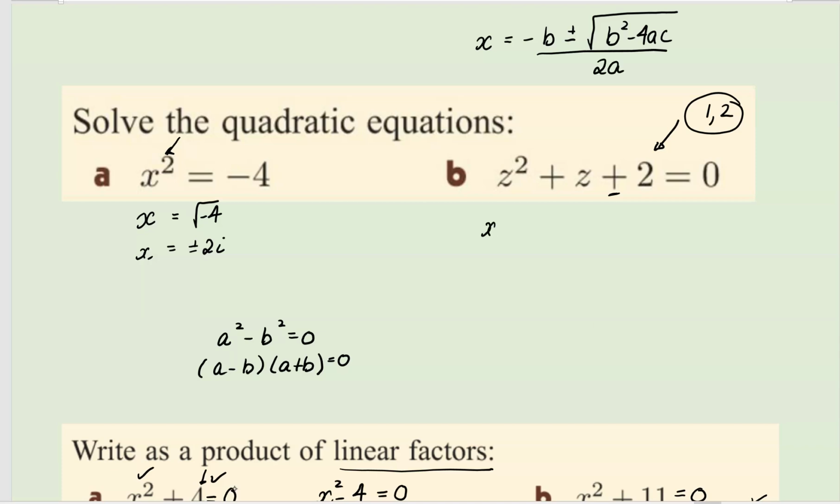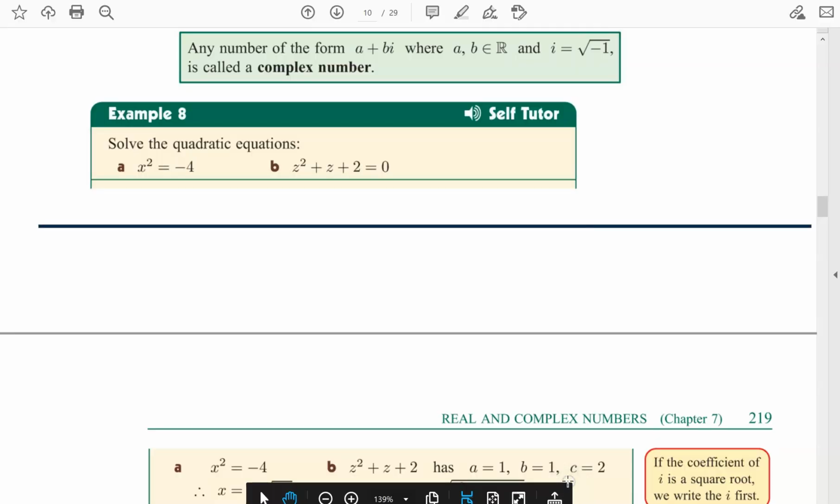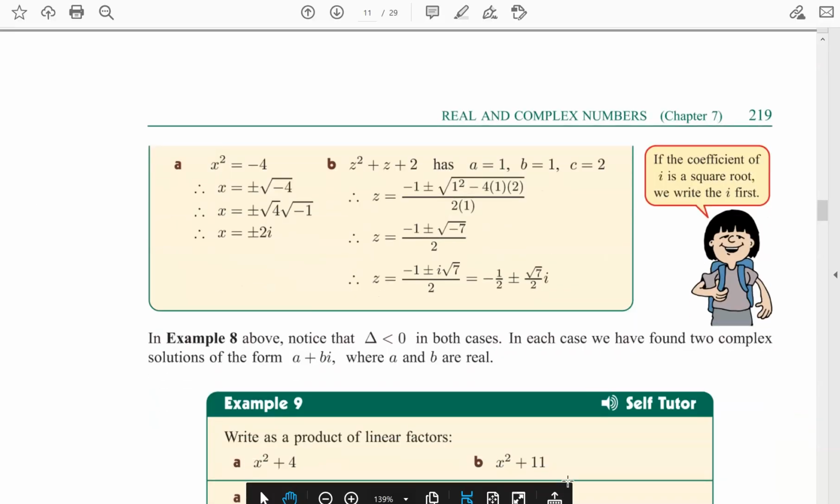So we chug along, and let's just save you and myself a bit of reading and writing here. We whack it into the quad formula, and big difference is that now we get the minus 7 underneath the square root. So we just write that as i root 7. Okay, minus 1 plus or minus i root 7 over 2.